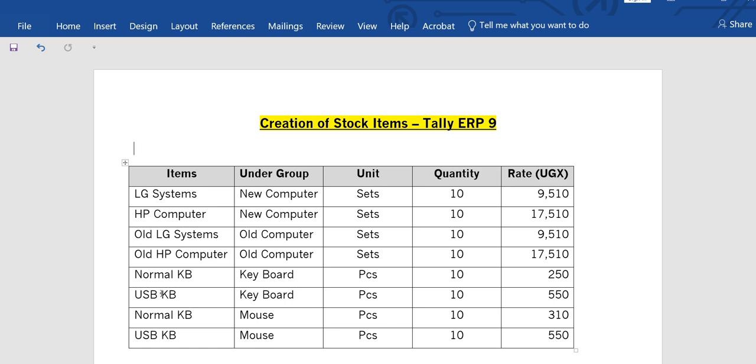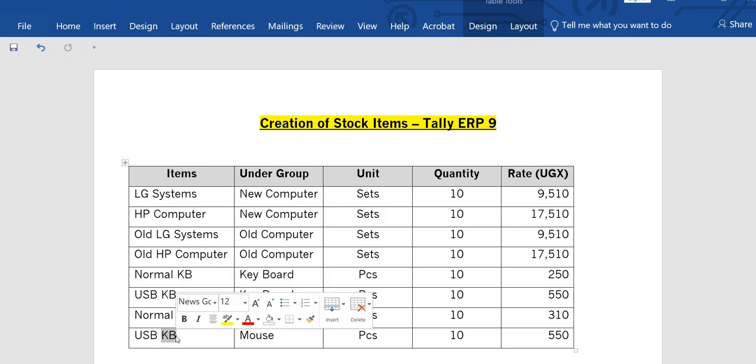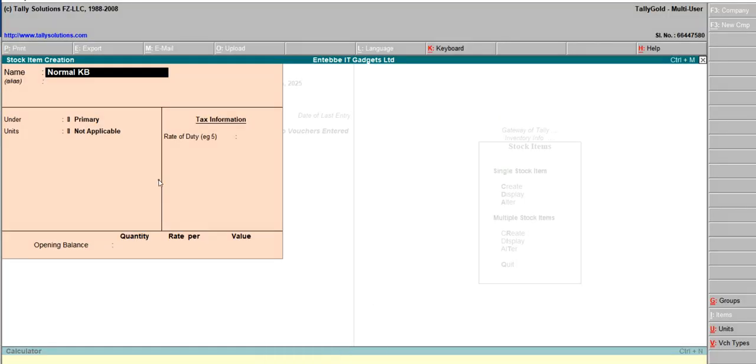So we can say USB. If there was a mistake, we can call this normal M, USB M, just to differentiate them from the other items.